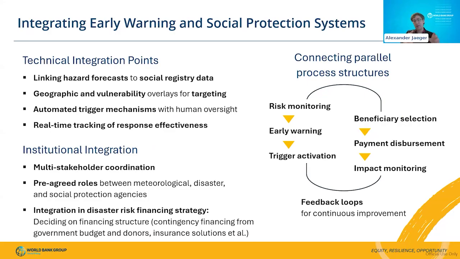So this is actually maybe the most important slide of what I'm talking about today, because we got a little bit into the weeds. So keep in mind on the right side that if we want to integrate early warning systems and social protection systems, it's really two process structures that need to be interlinked at different levels. So of course, on the early warning side, we have all the risk monitoring that Joe talked about, the early warnings that go out, and then the trigger activation.